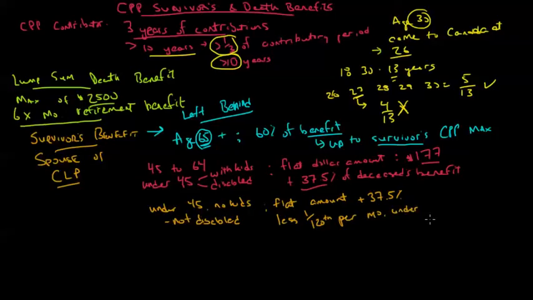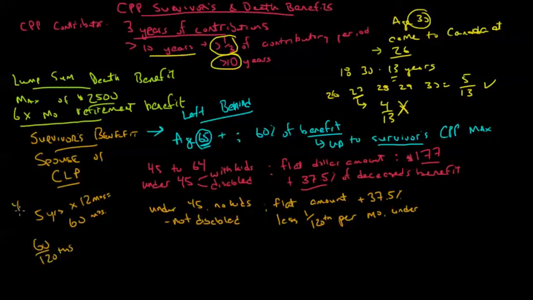So you die, you leave behind a 40-year-old spouse, for example. Well, 40-year-old spouse, that's 5 years early. 5 years times 12 months, that's 60 months. And so you would take off 60/120ths.